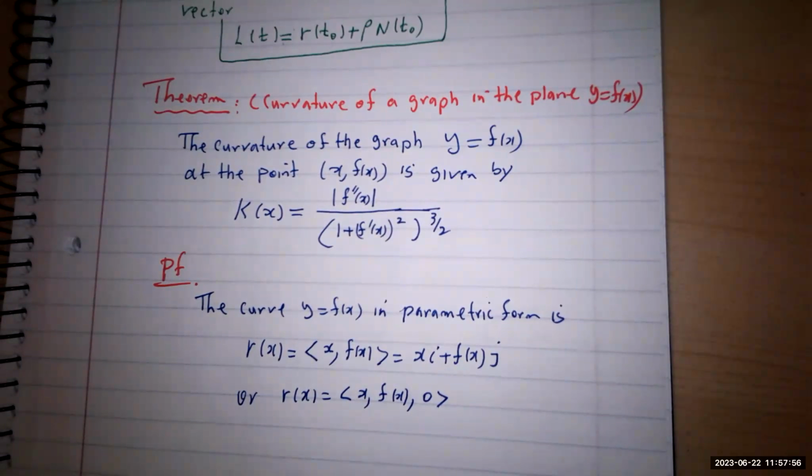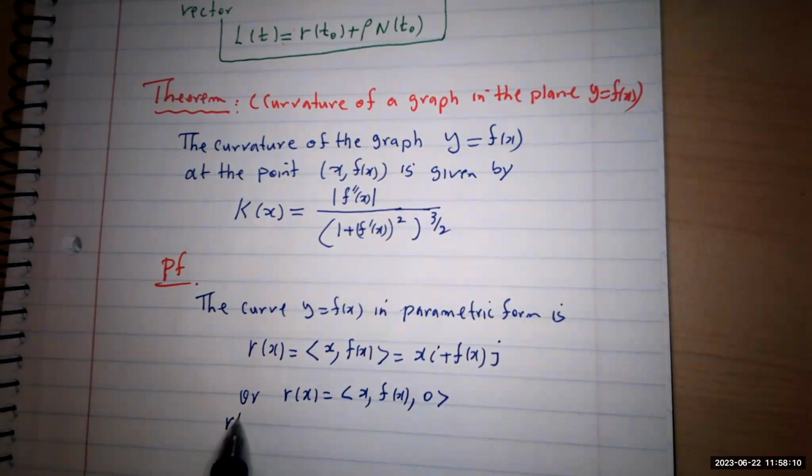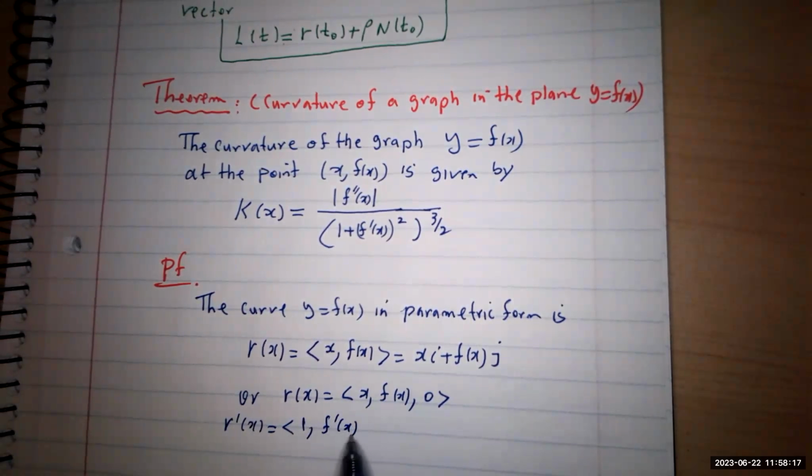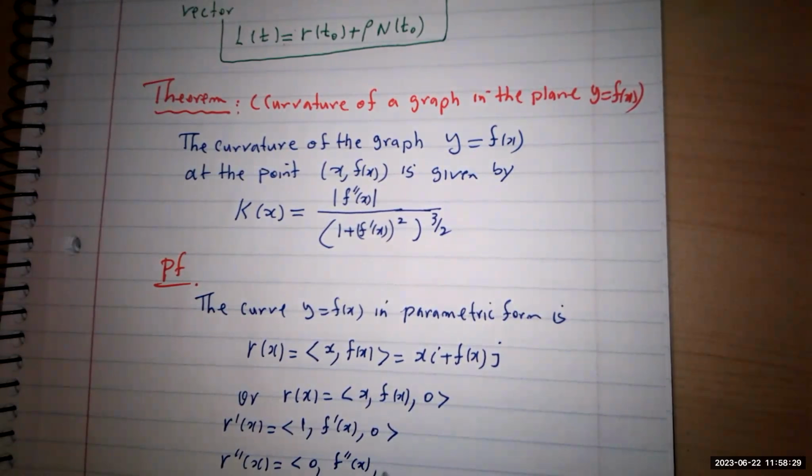So find the curvature. In general, if it's given to you, you can do it yourself. But if you want to get that formula, find r prime, which is going to be 1, f prime of x, 0. Find r double prime, which is going to be 0, f double prime of x, 0.